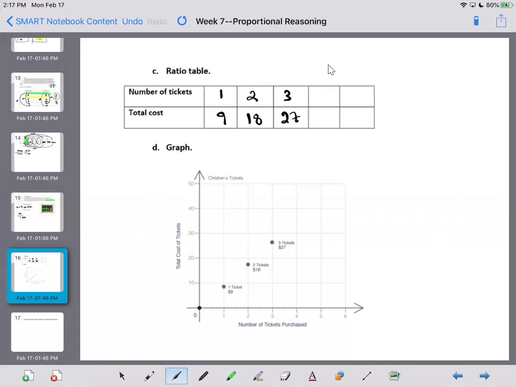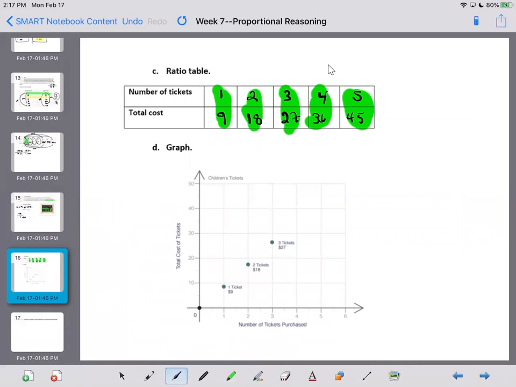See, each of these have a simplified ratio to the 9 to 1. 18 divided by 2, 9 to 1. 27 divided by 3, 9 to 1. And we could keep going. That would just be 36 to 4. Notice 36 divided by 4 is 9. And then 45 divided by 5 is 9. So these are all equivalent ratios that all equal 9 to 1.